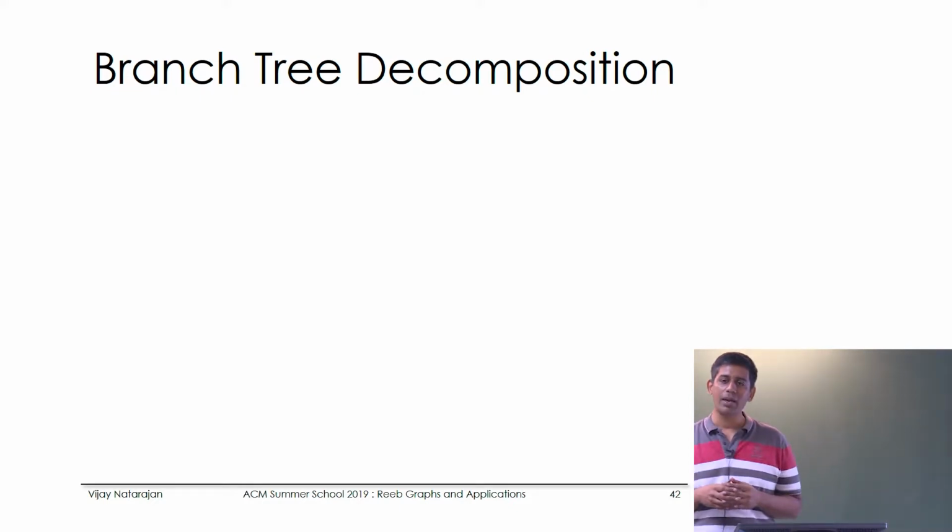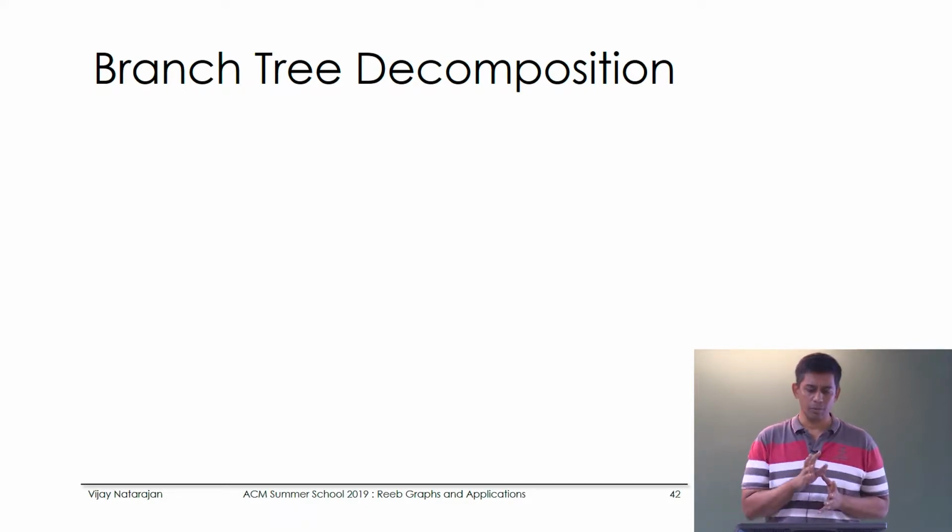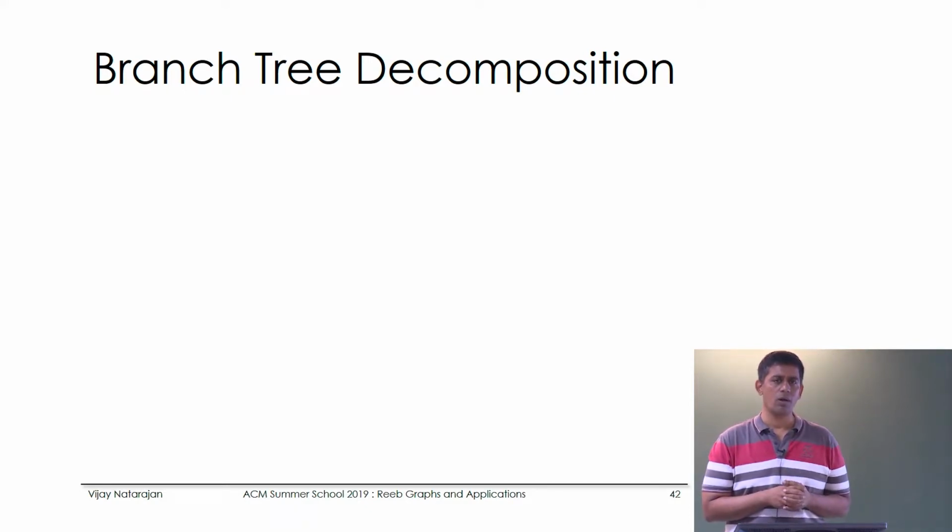But before that, I always find that it's useful to understand a structure if you can view it from different angles, right. So here is another representation of the same Reeb graph. From now on we will focus a lot on the special case of contour tree, right, and we'll go back and forth.